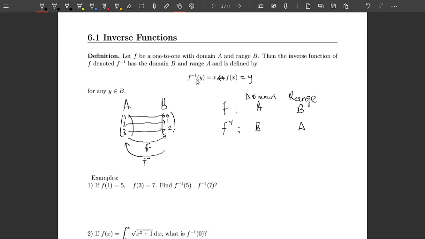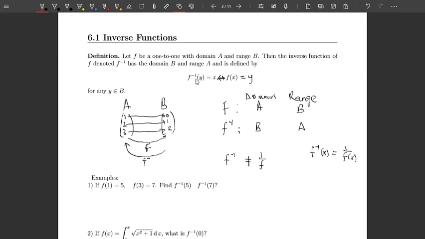Now, you have to know something at this point. f inverse is written this way, but it's not the same thing as the reciprocal of f. It's not the same thing as 1 over f, but it's read f inverse. So f inverse of x is not the same thing as 1 over f of x.